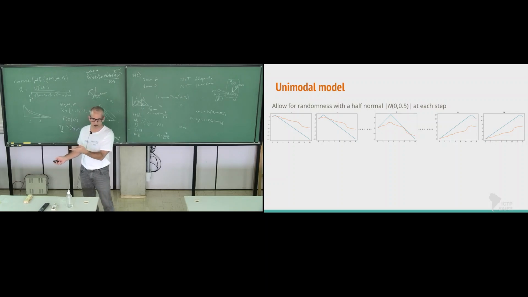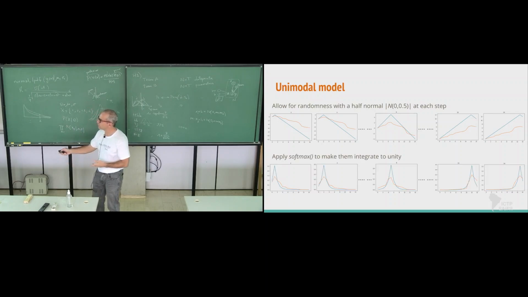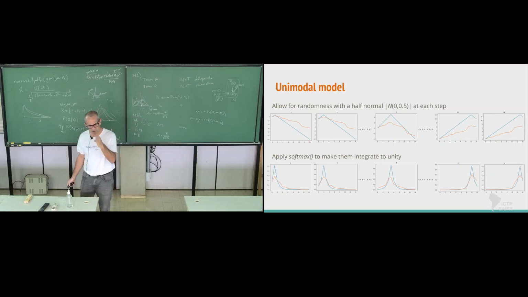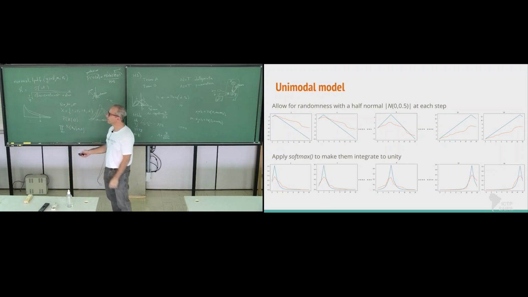So to have them integrate to 1, you apply this softmax, that essentially is dividing by all the bins. Now, if you see the orange, you have arbitrary unimodal curves, but they have the maximum in 1 exact bin. So one way to do it would be to choose 1 at random of the 15. And it is unimodal at any place.